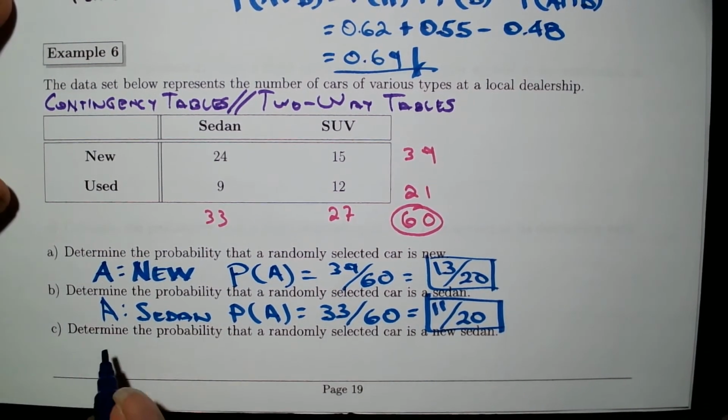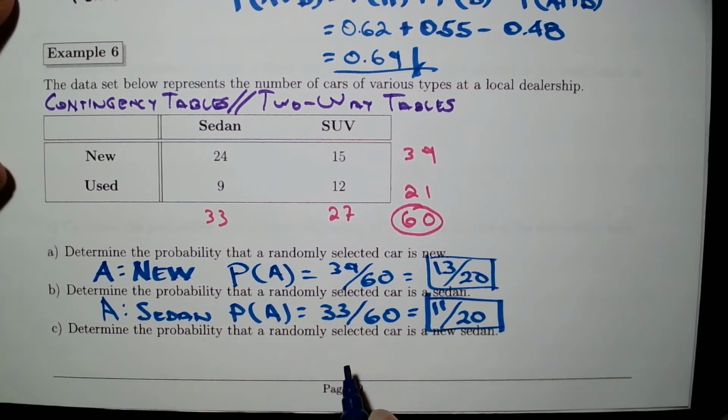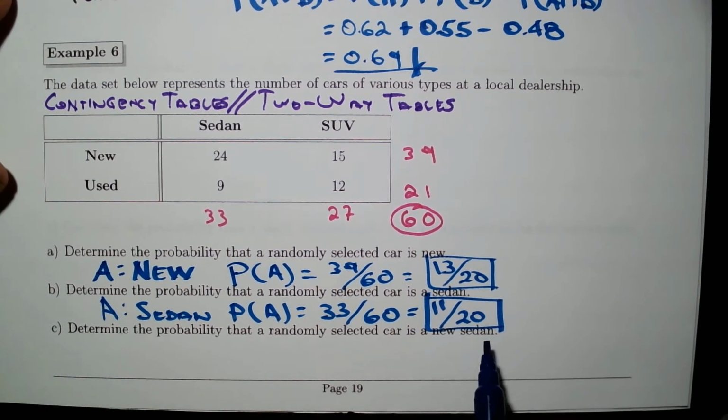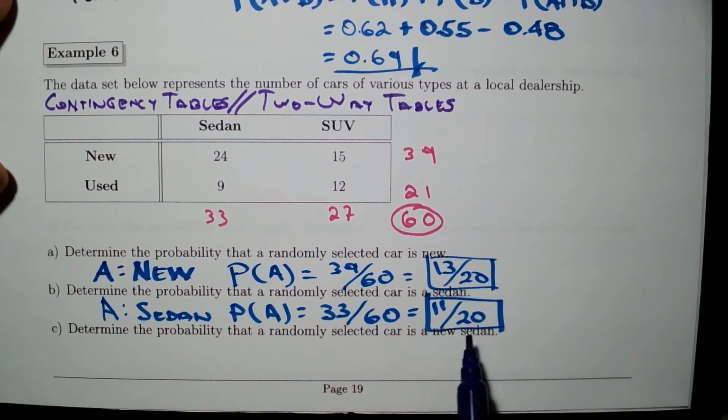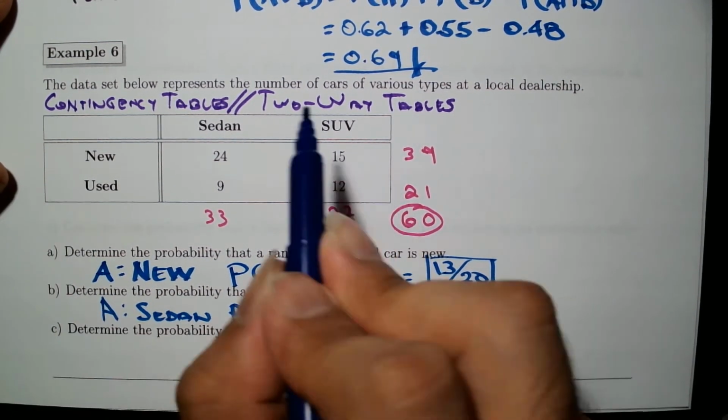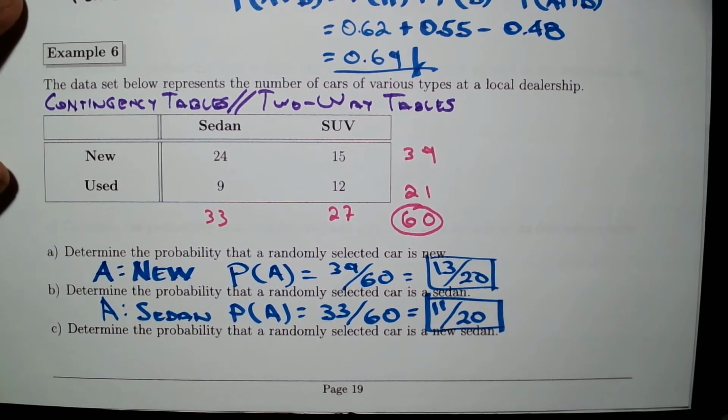For letter C, let's determine the probability that a randomly selected car is a new sedan. Notice in this case, new sedan, we are combining two elements from a row and a column. So we are going to define two events.